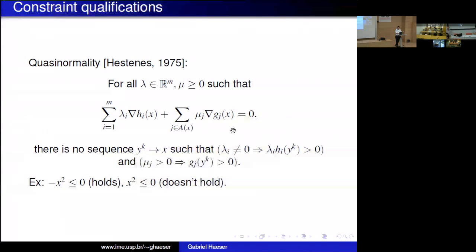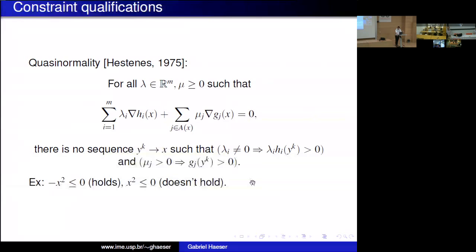If this is linearly independent, this holds. But if this is positive linearly dependent, then you must have this additional property. You should be able to prove that there is no sequence yk converging to x such that the violation of the constraints has the same sign as the associated multipliers. Okay, so this happens also with inequality constraints.